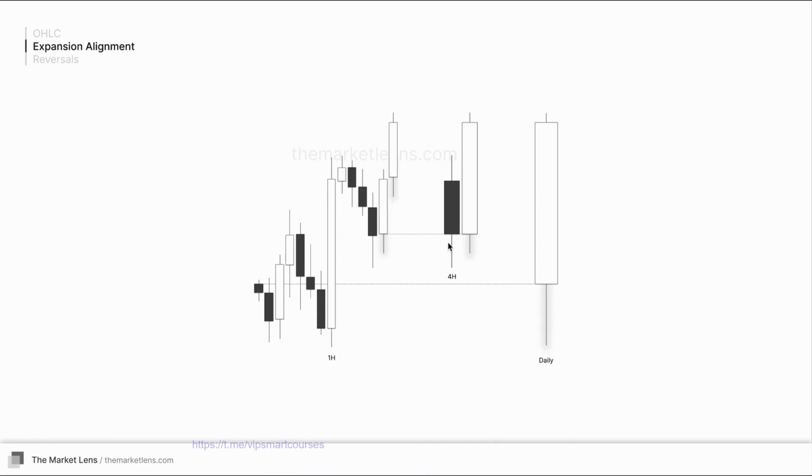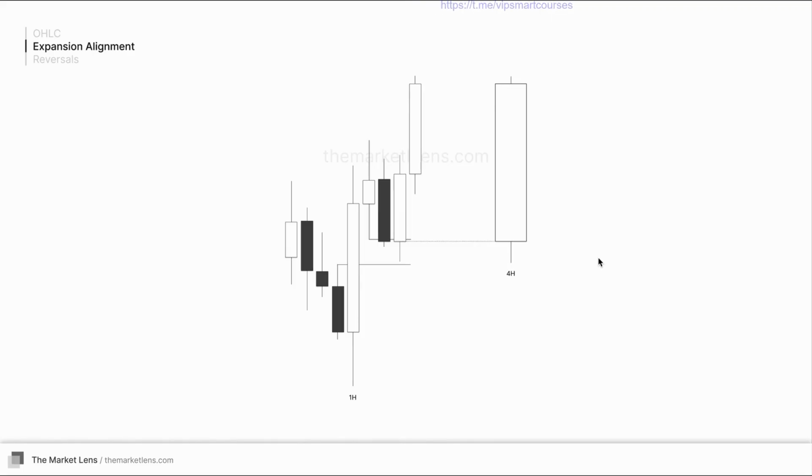No, right? So this is when we simply wait for the next 4-hour open to align itself. We confirm it with a lower time frame reversal, and then we trade hourly expansion candles within a 4-hour expansion candle in the daily expansion candle, aligning 3 time frames in one direction.